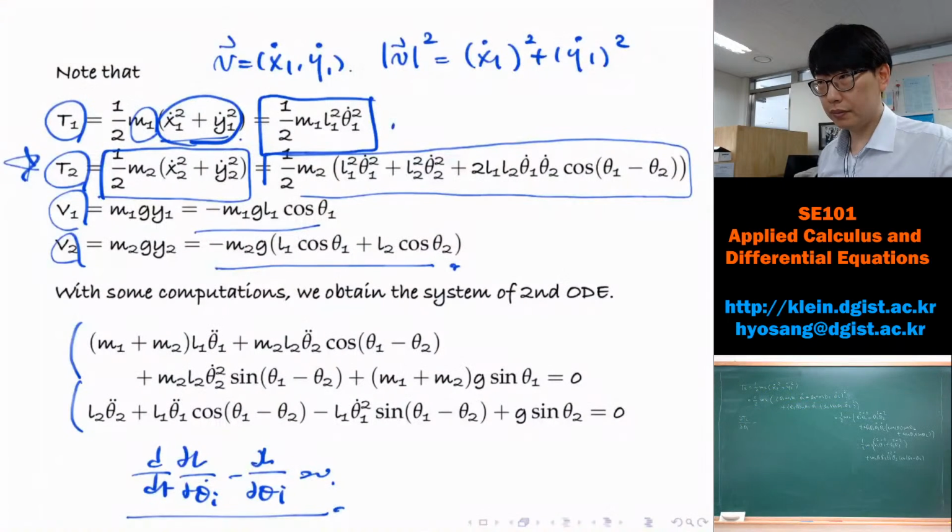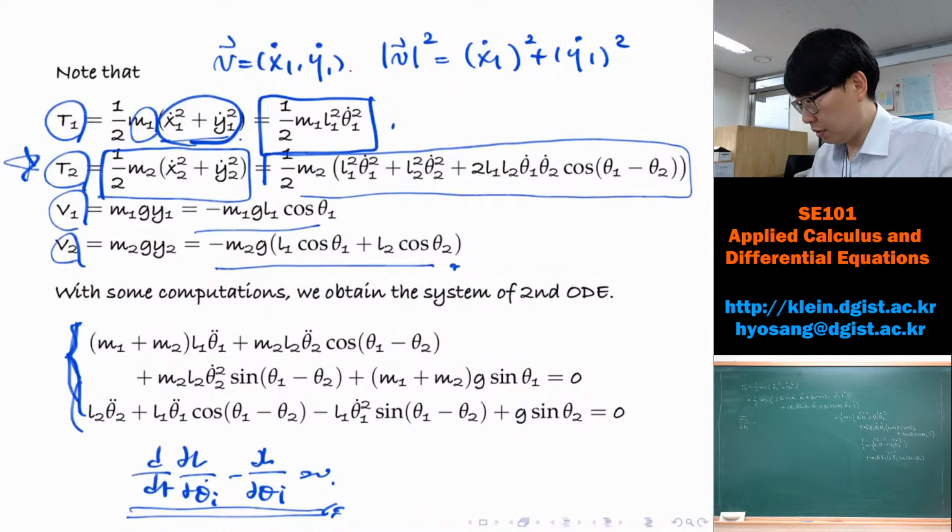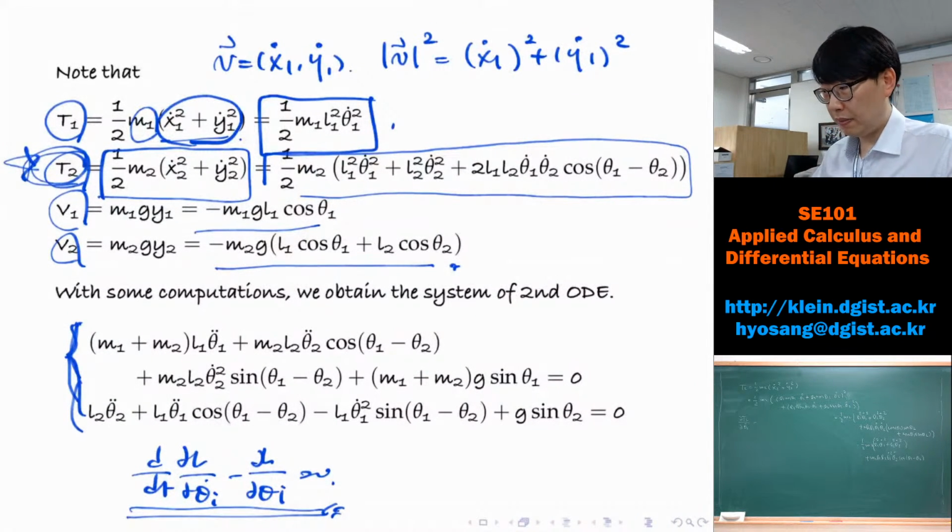Okay, so these equations are a result of the Euler-Lagrange equation. It's a very long computation, so I'm not going to do all of it, but as an example, let me do the partial derivative of T2.